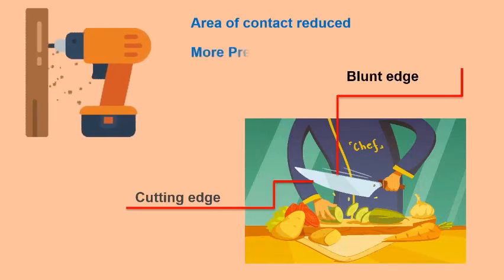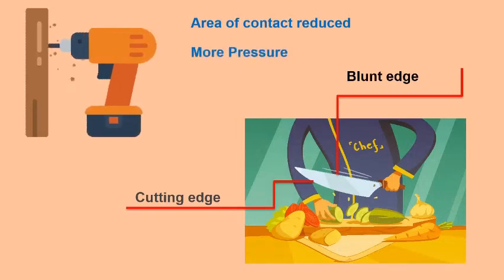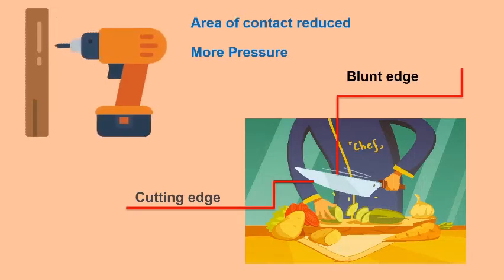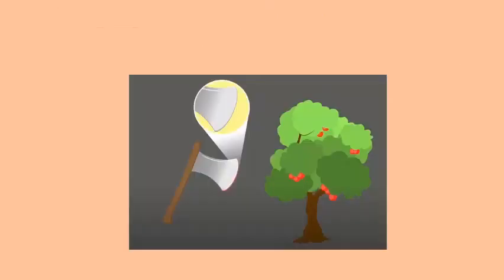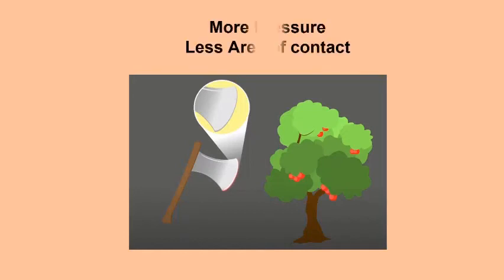Hence, more pressure is applied on the vegetable using the cutting edge of the knife. Axes used to cut trees also have a sharp cutting edge instead of a blunt one. It increases the pressure on the tree due to the less area of contact.